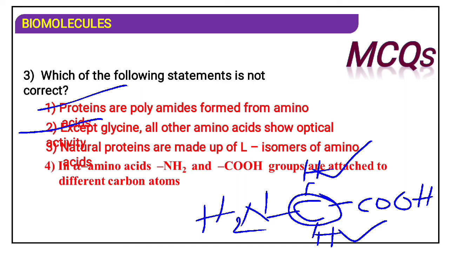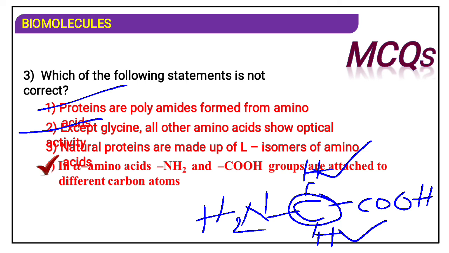Naturally, proteins are made up of L isomers of amino acids. And in an alpha amino acid, NH2 and COOH groups are attached to different carbon atoms. Among these, the fourth one is the wrong statement.